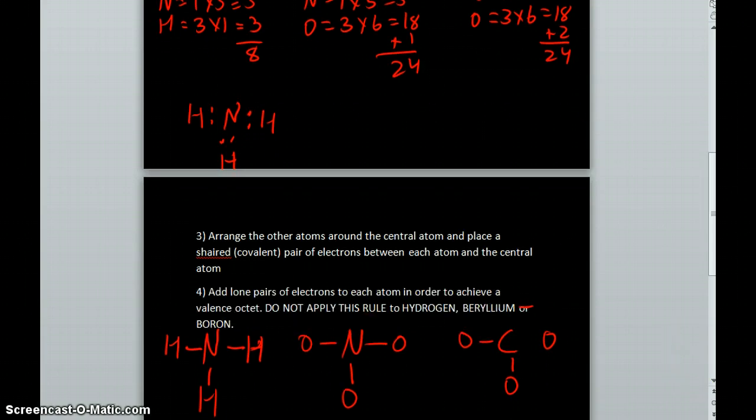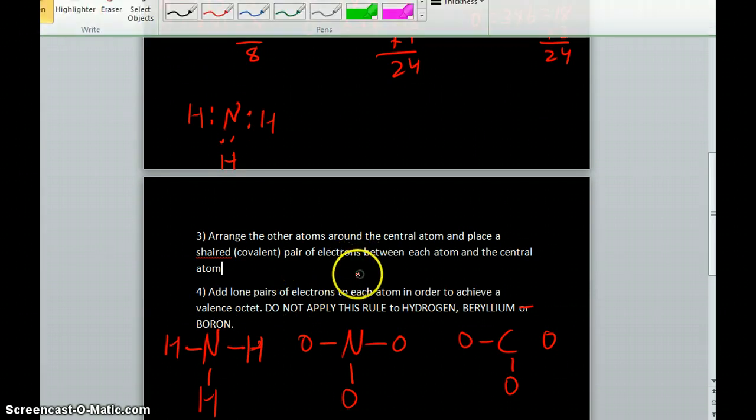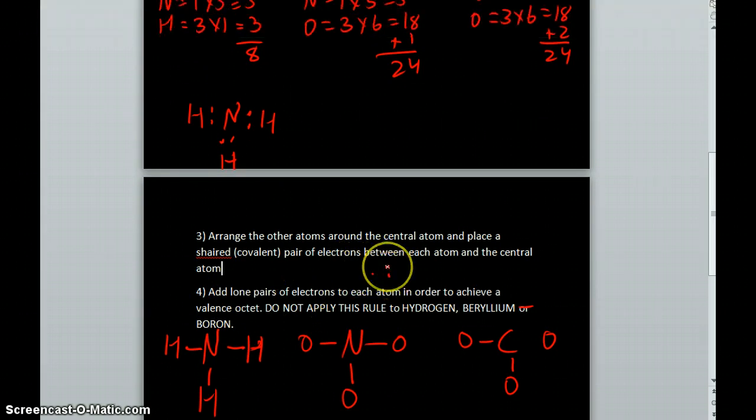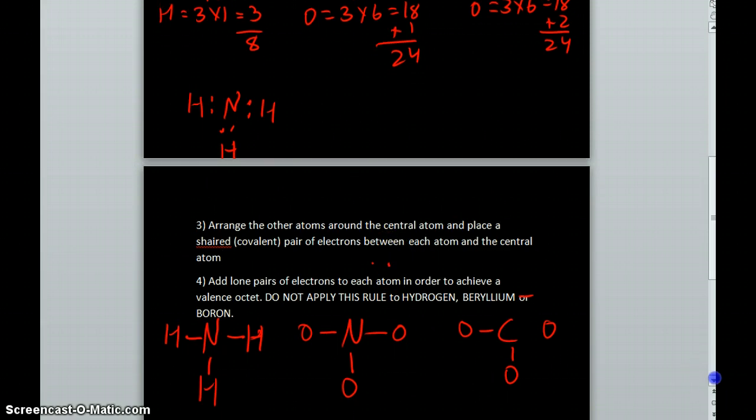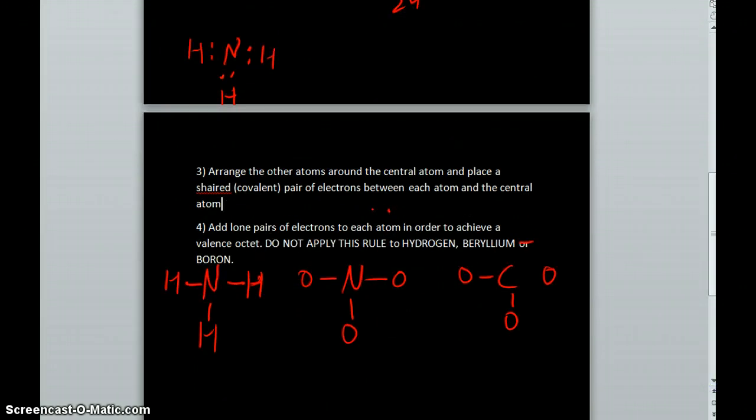So for rule 4, we are now going to add lone pairs of electrons. Now, these are pairs of dots, represented, of course, just by dots. We're going to add lone pairs to each atom so that each atom has its valence octet, so to speak.